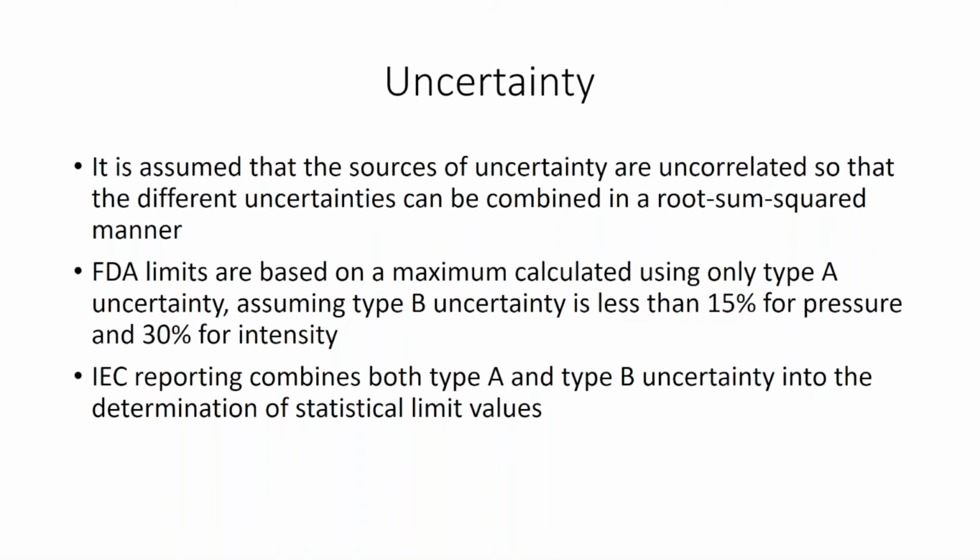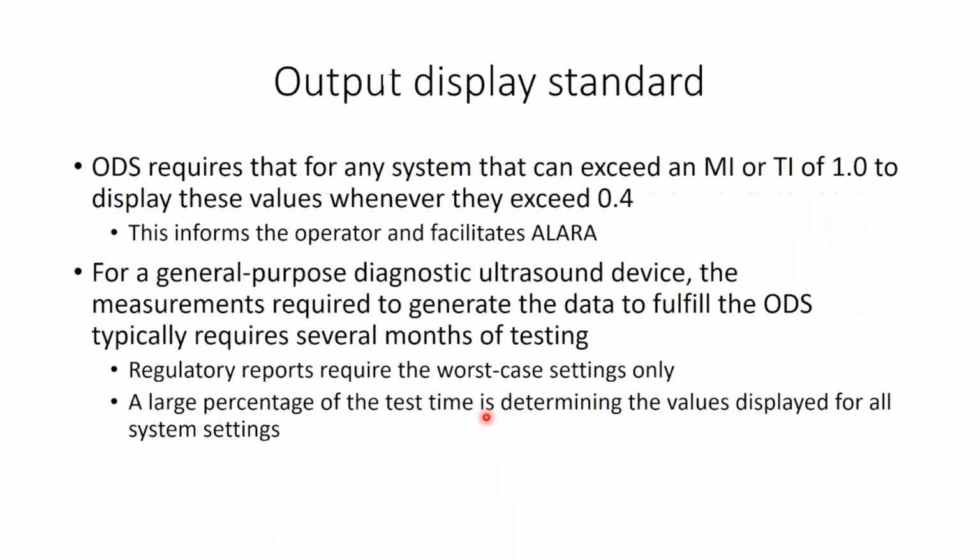So where this is different is that the limit for the FDA says that the value must be below, for instance, an MI of 1.9. That number is only including the type A uncertainty so long as the type B uncertainty is below this threshold. Whereas the reported IEC values would include both type A and type B uncertainties.